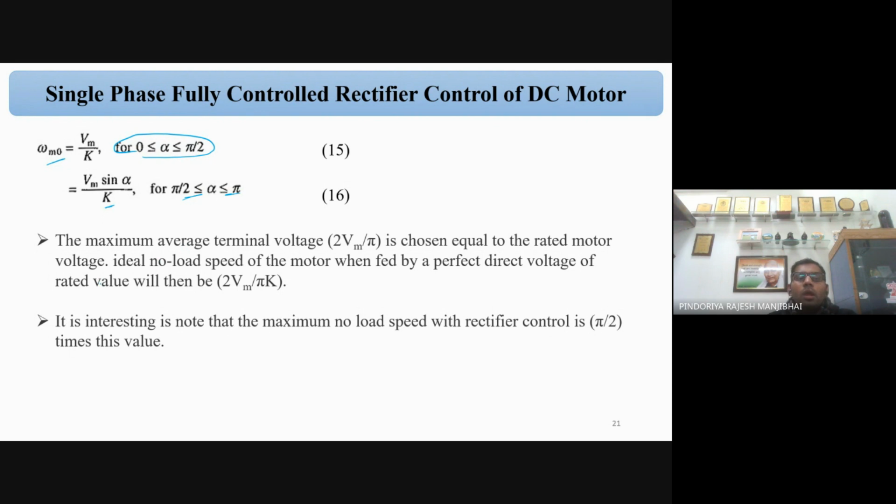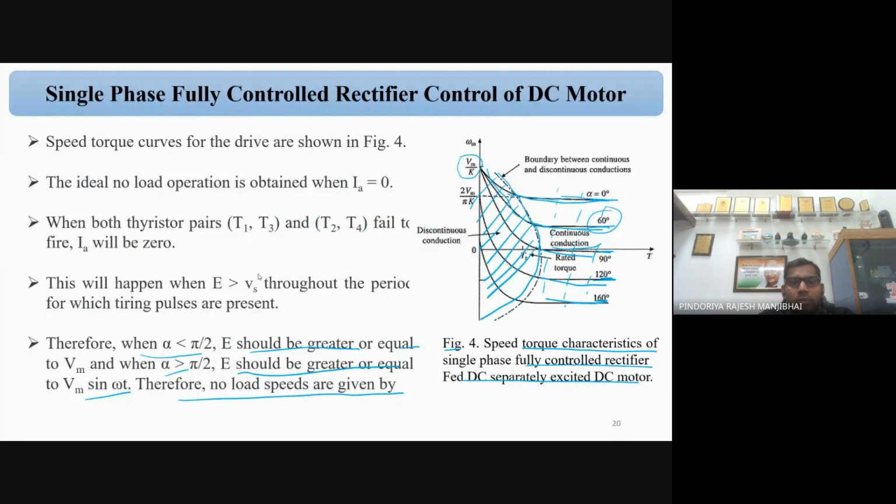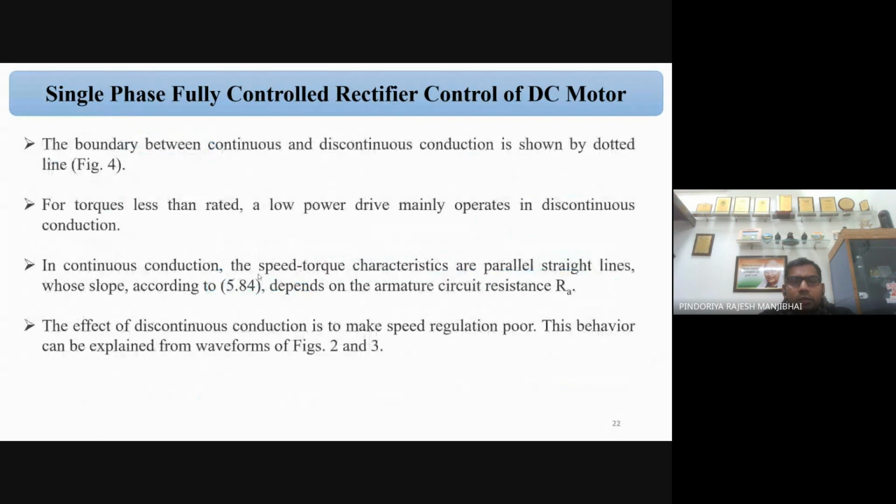The maximum average terminal voltage, 2Vm by pi, is chosen equal to the rated motor voltage. So ideally, the no load speed of the motor when fed by the perfect direct voltage is 2Vm by pi k. We already derived that, correct?